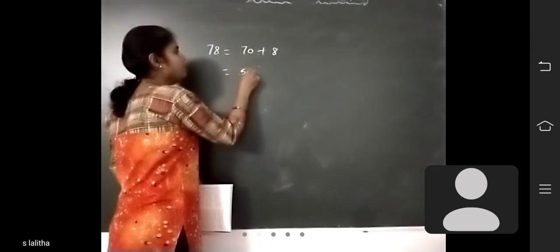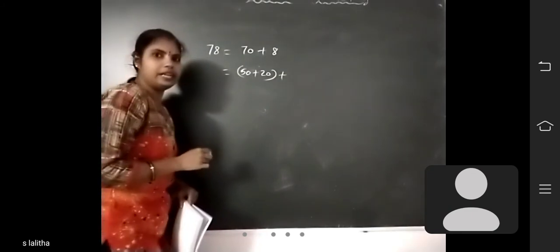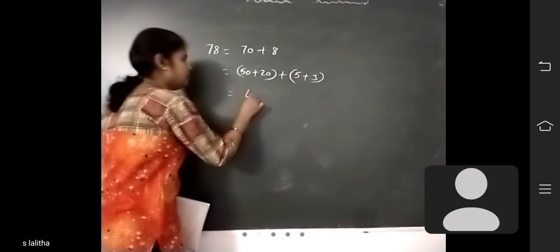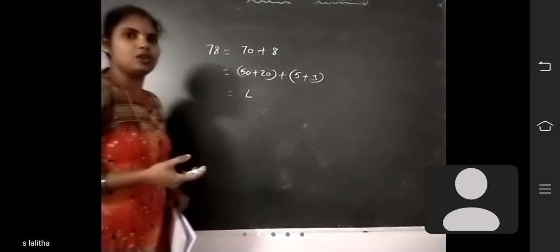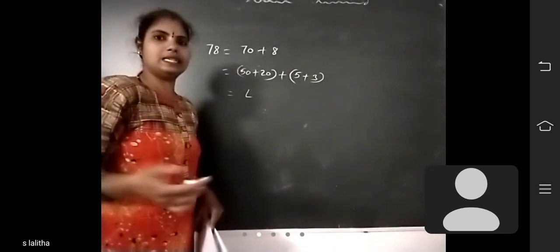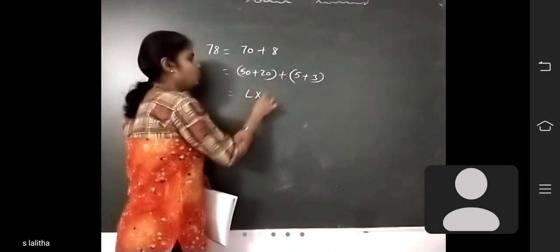So here 70, how can you write? 50 plus 20, plus 8. How can you write 8? 5 plus 3. So 50 means L, plus 20. Plus 20 means you have to add 2 X's. X means 10. So 2X.